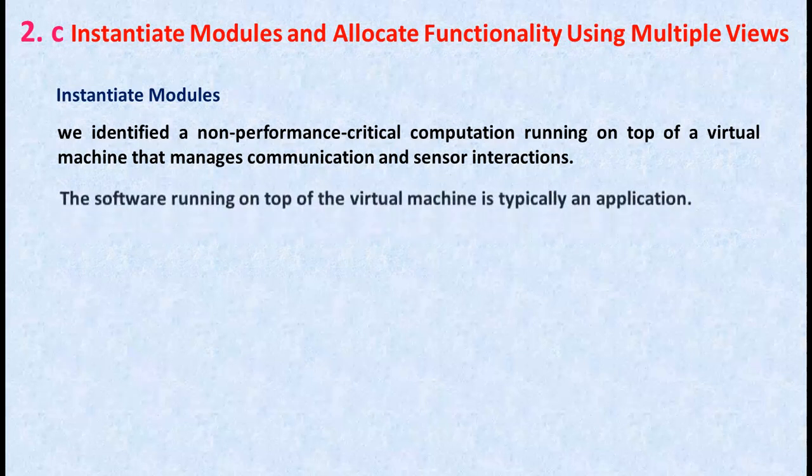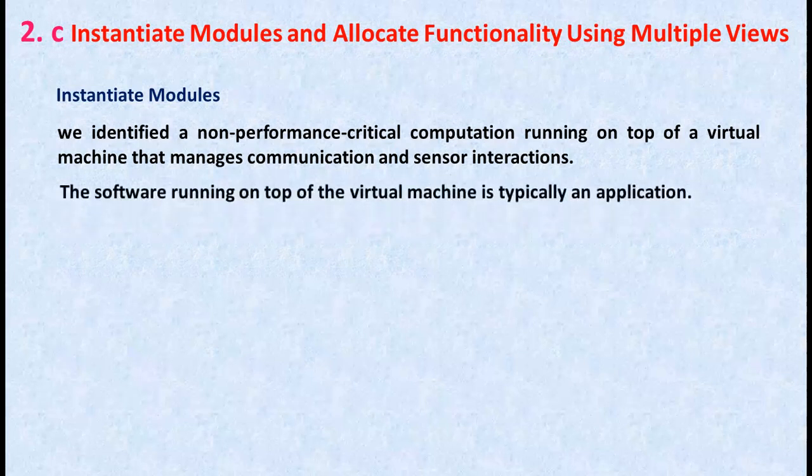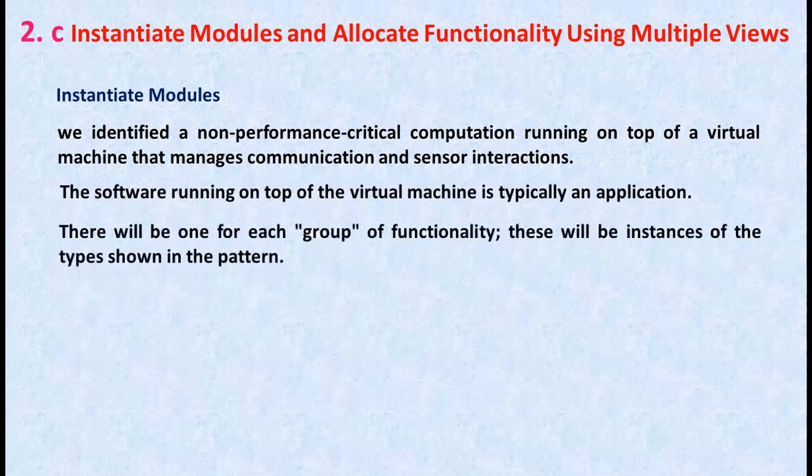The software running on top of the virtual machine is typically an application. In a concrete system, we will normally have more than one module. So there will be one for each group of functionality, and these will be instances of the type shown in the pattern. So our creation for allocating functionality is similar to that used in the functionality based design methods such as object oriented design methods.